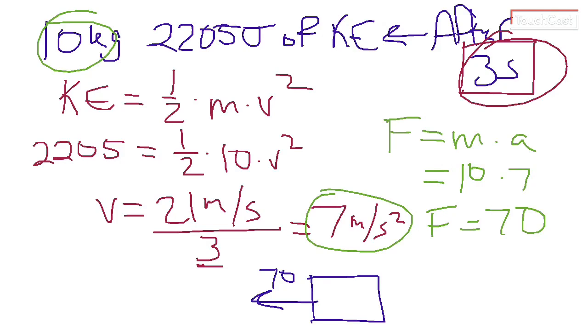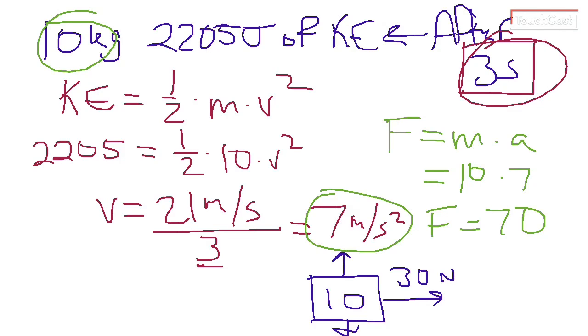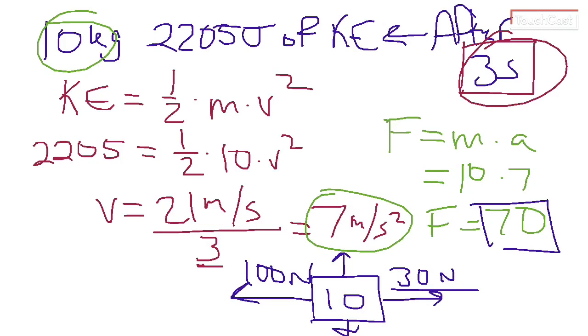Of course, I would eventually like to do more complex or realistic questions, so maybe it was experiencing 30 newtons of friction, and the mass is 10 kilograms from before, so you can solve for the up and down arrows. Since it's experiencing 30 newtons of force to the right, this force would have to be 100 newtons to cancel out that 30 to get a net force of 70.